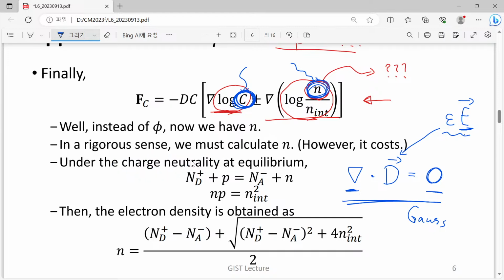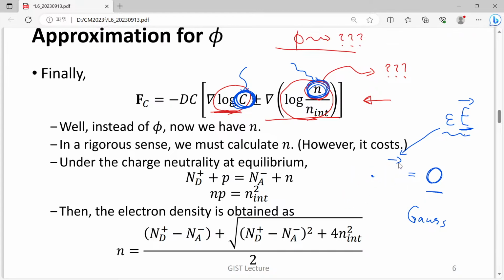Okay. So is it realistic or not? Certainly not. This is quite a bad approximation, so don't believe it. Actually, in the case of device simulation, you will use this charge neutrality approximation as a starting point of your analysis, and you will find that your final solution is far different from this charge neutrality approximation.